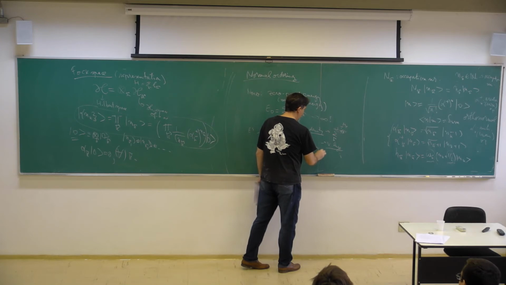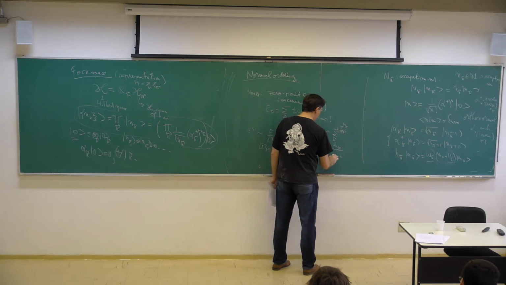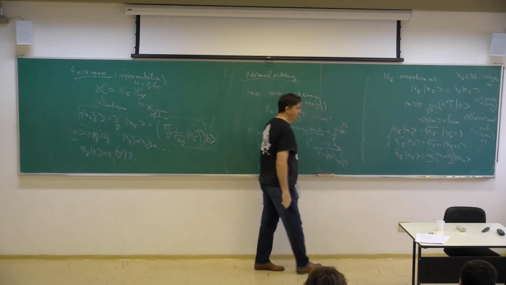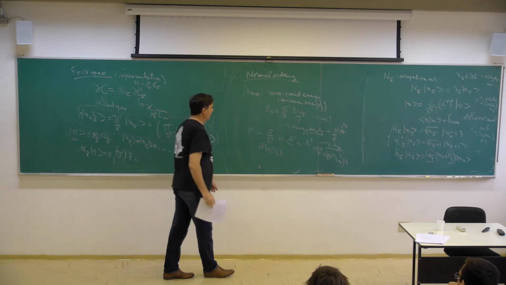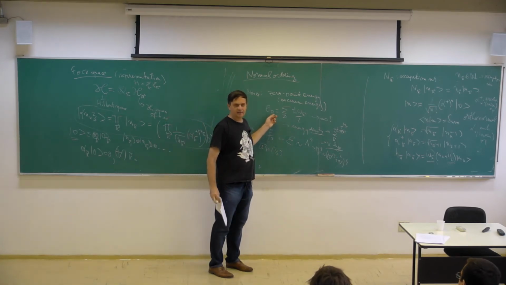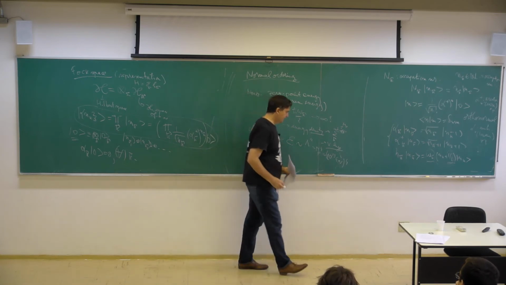So M Planck to the 4th, and M Planck is 10 to the 19 GeV, to the 4th. You see, this is an absurd number. If you would observe this, this would be an incredible amount of energy.